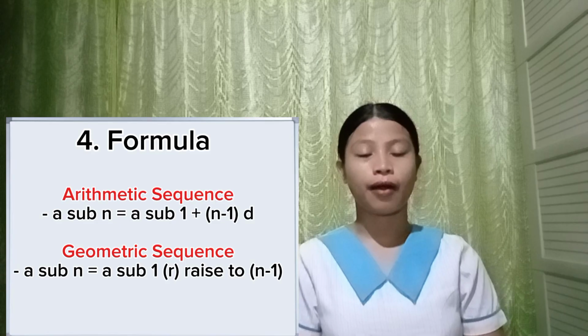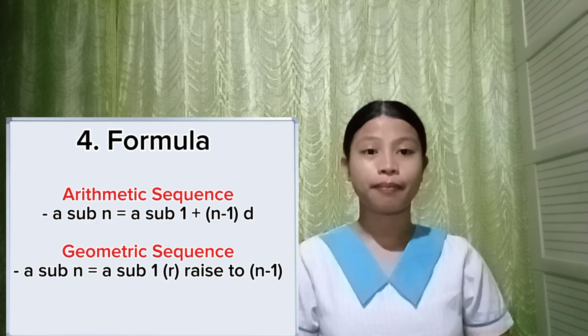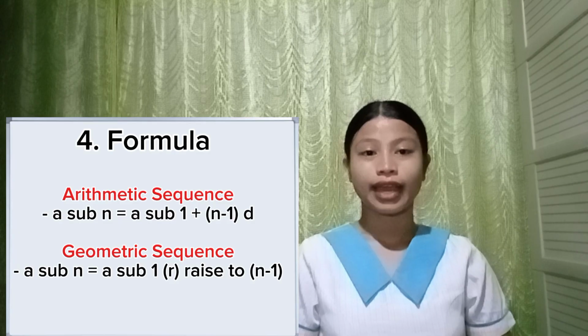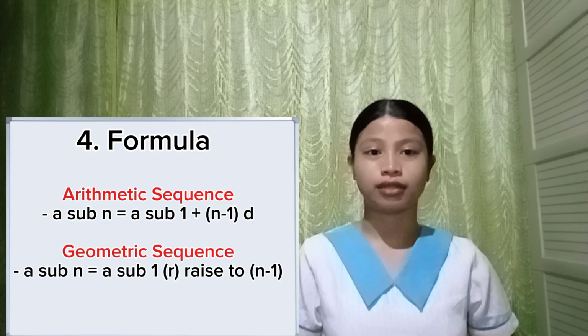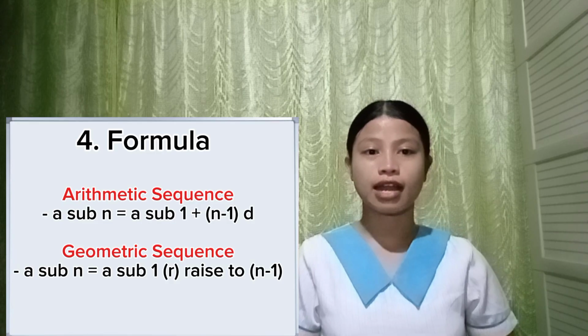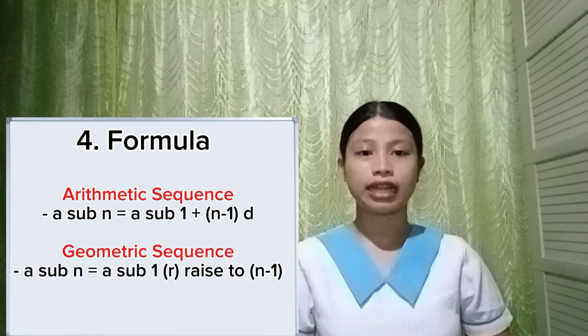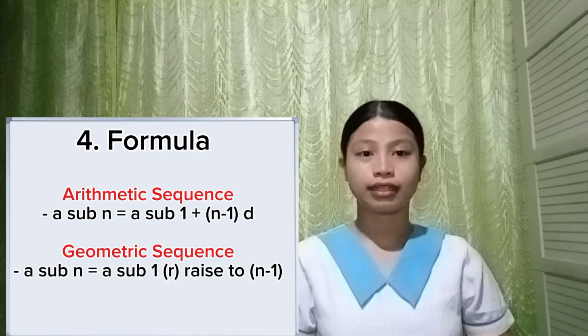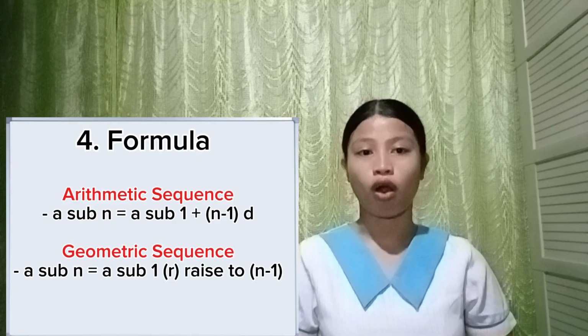So sa geometric sequence naman, a sub n is equal to a sub 1 times r raised to n minus 1. Kung saan yung a sub n is the nth term, a sub 1 is also the first term, and r is the common ratio.